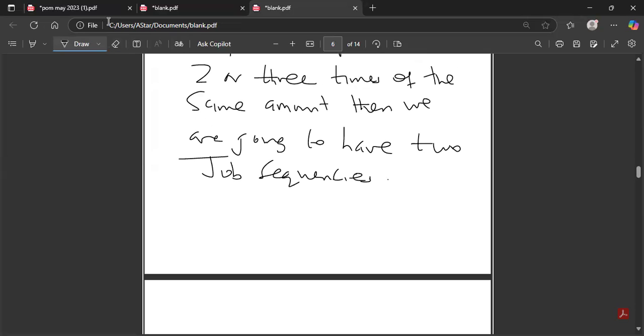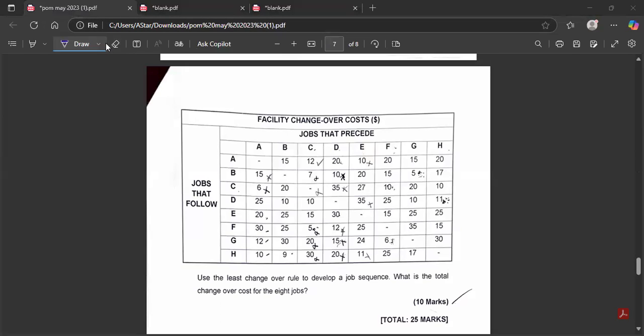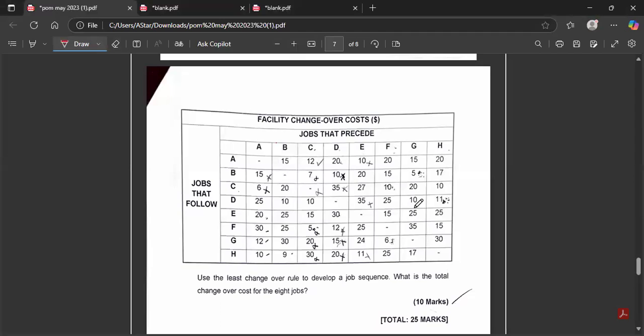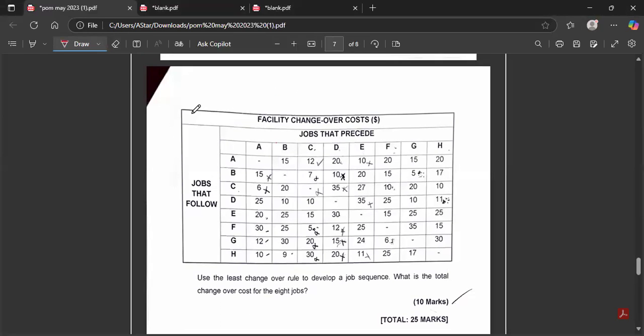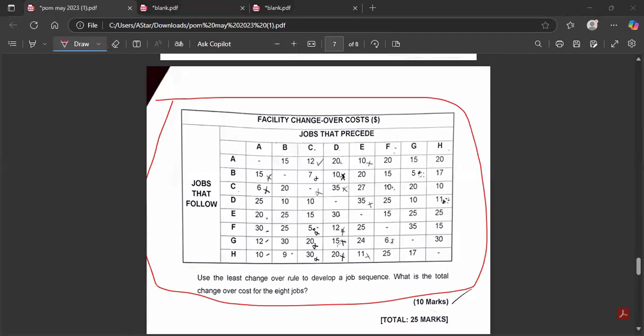So let's go back here. What is the smallest cost from all the costs that we have here? Who can tell me? From this table here, what's the smallest cost from all these? Madam Malulu, you were there, you actually read for us.